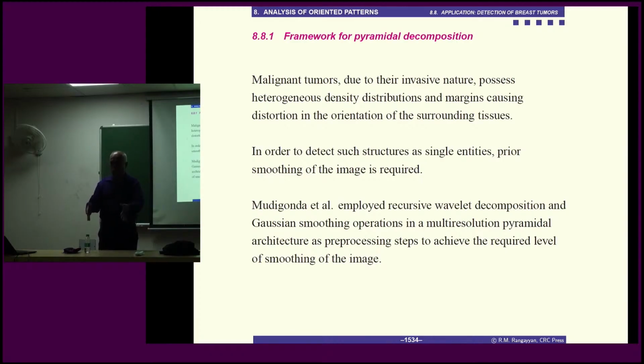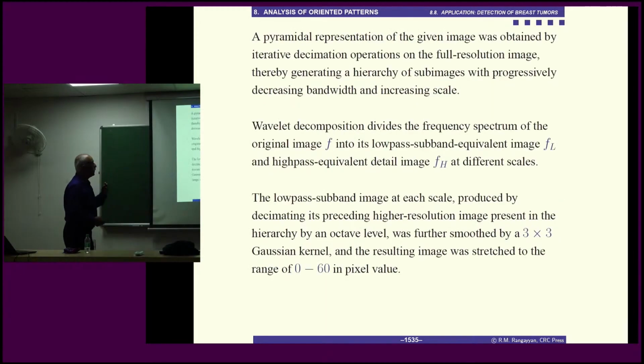Next will be 2000 by 2000, 1000 by 1000, 500 by 500, or whatever the step size is. So you get a pyramid of multi-resolution, wavelet filtered, smooth images. It is iterative decimation compared to the full resolution image, a hierarchy of sub-images with progressively decreasing bandwidth and increasing scale. In each of these, you detect iso-intensity contours and map them.